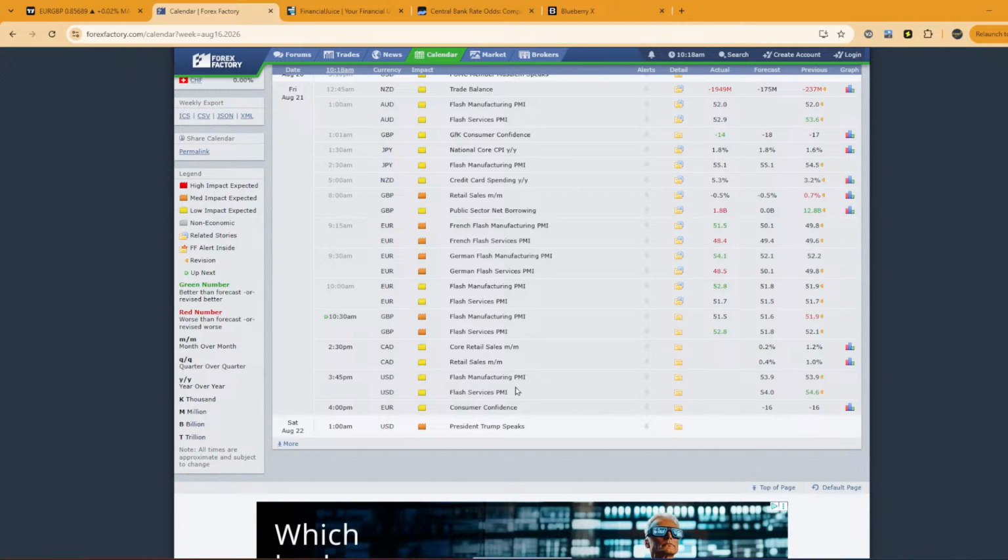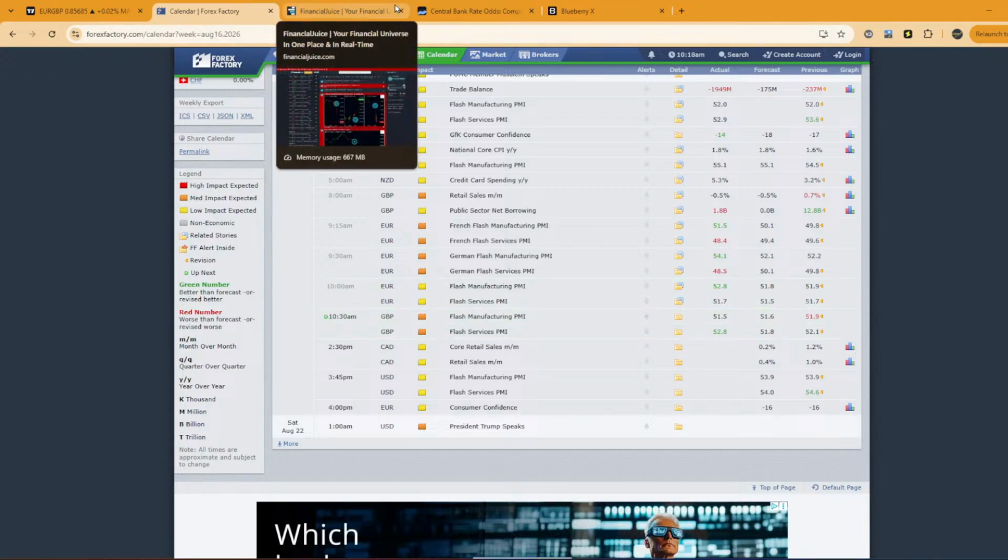Maybe the PMI in the United States could give some other volatility. At least I got a pretty mixed report. Both in euro and United Kingdom economy, they both have a pretty decent PMI data.